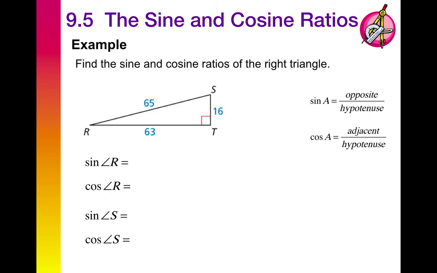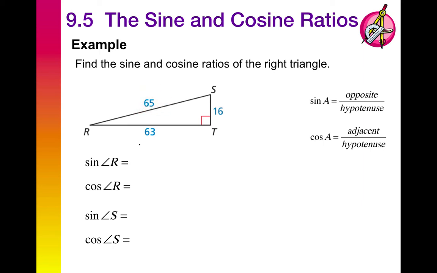Let's actually write down some of these. So I have a right triangle, RST, and I have all three sides marked here. The sine of angle R is going to be the opposite side over the hypotenuse. So we'll write that down.